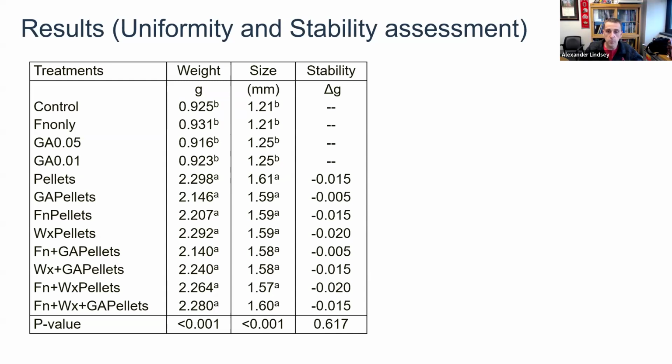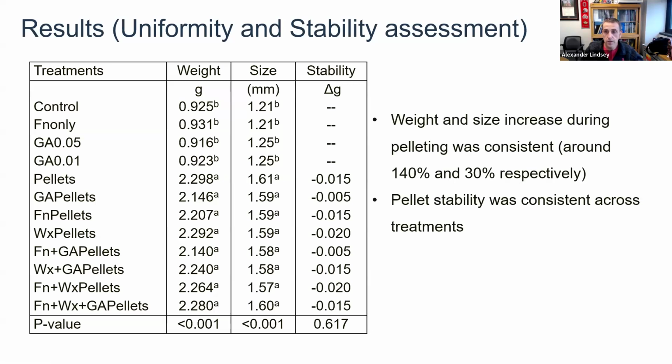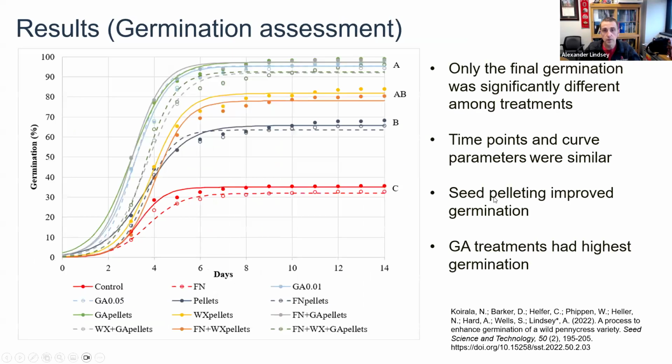All pellets held up very well to the shaking test, meaning that they all exhibited similar integrity from that agitation assessment. So the weight increased by about 140% when pelleted, and size increased by about 30% from a diameter perspective for each of our seeds.